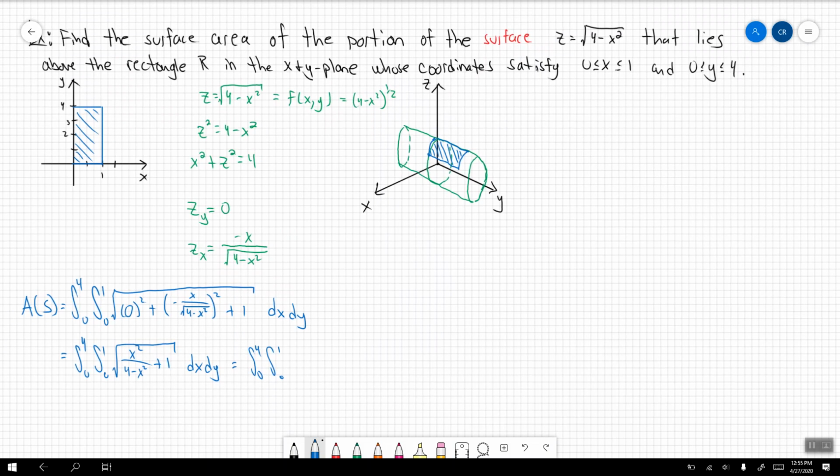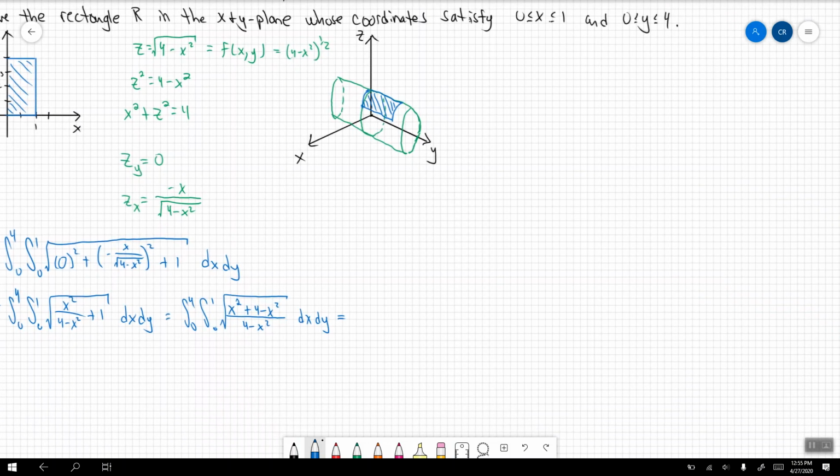That's going to be x squared plus 4 minus x squared, divided by 4 minus x squared, and that's all inside of the square root. And this is all dx dy. It's still inside of the square root, because all I'm doing is combining like terms on my radicand.